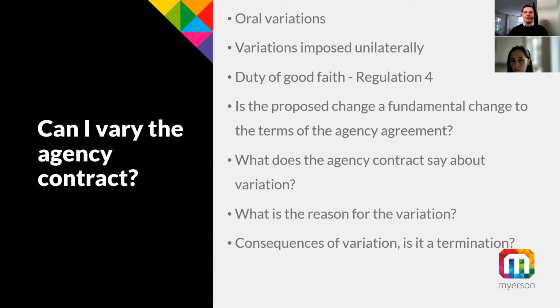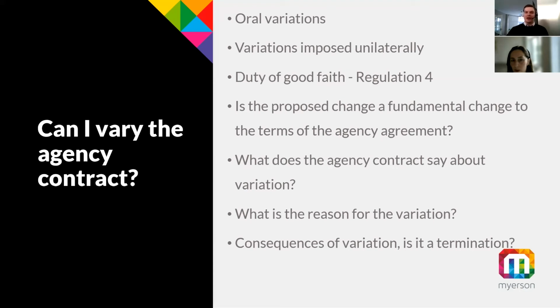And furthermore, the principal might be liable for a damages claim if that variation already took effect. So you have to be very careful when trying to impose variations unilaterally.